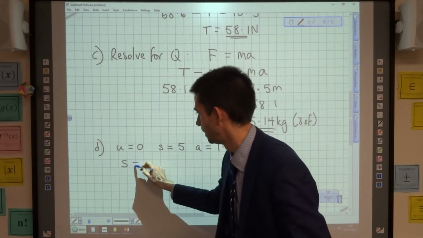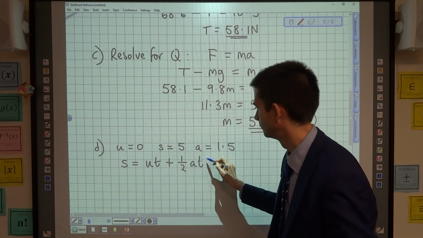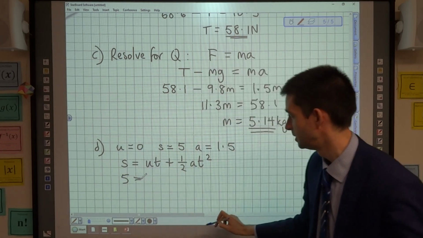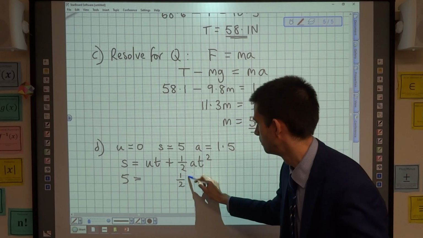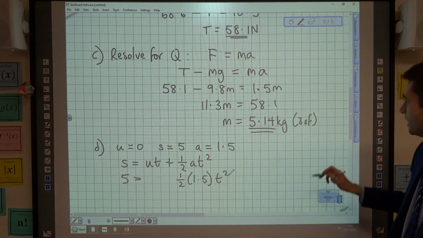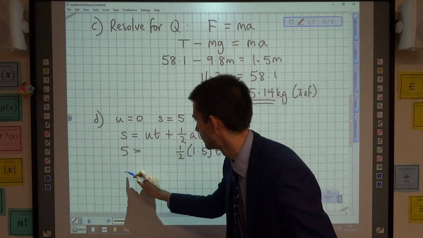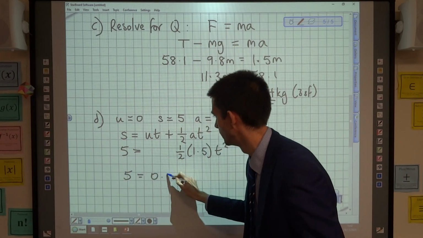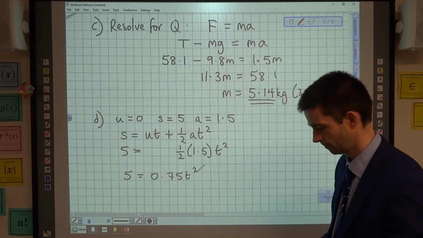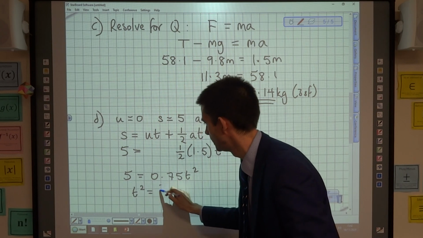So we're going to use the equation S equals ut plus a half at squared. S is 5, ut we know that's going to be 0, so we have a half multiplied by 1.5 multiplied by t squared. So 5 is going to equal 0.75 t squared, which means that t squared is going to be 20 over 3.